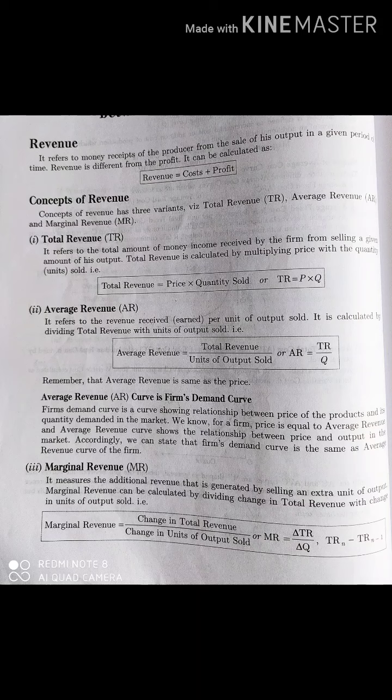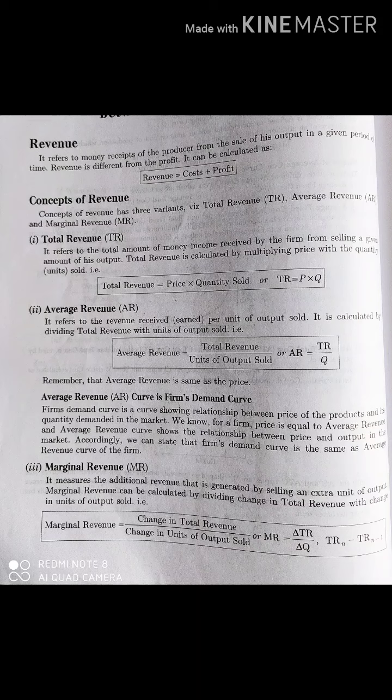Total revenue is calculated by multiplying price with quantity. Is the concept clear? Total revenue is the total amount of money which the producer receives from selling the product in a given period of time.